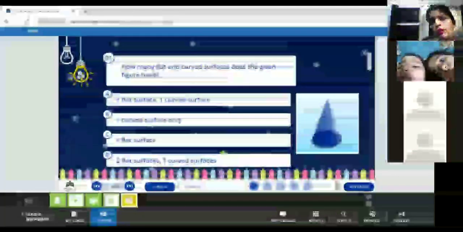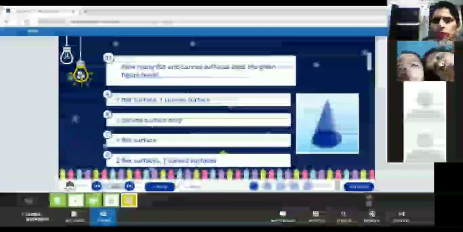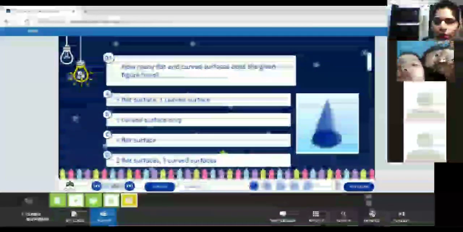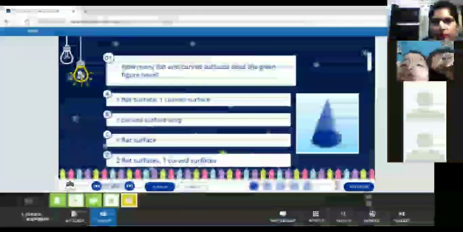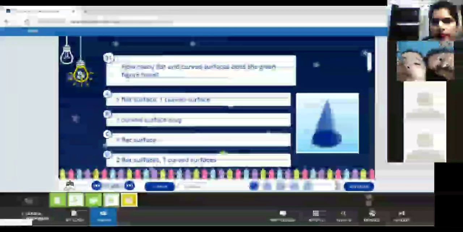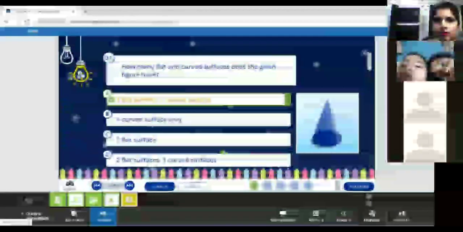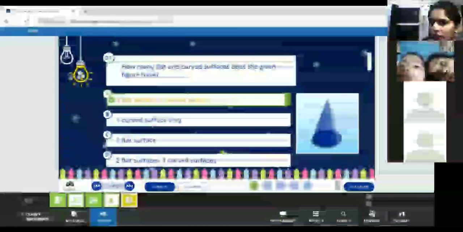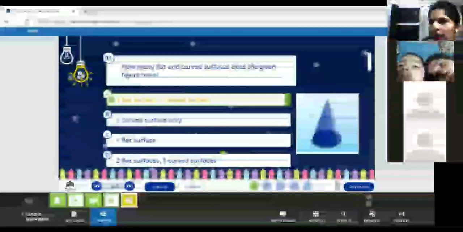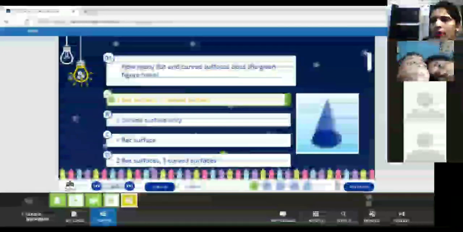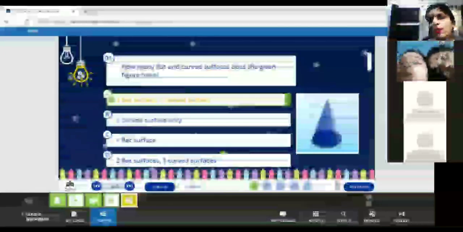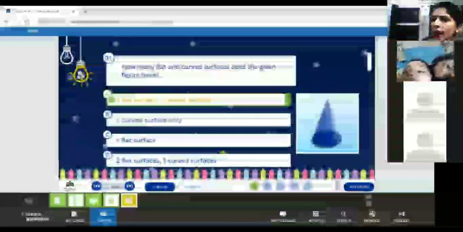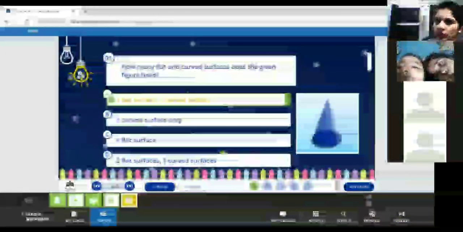So please see which answer you are going to choose from these four options. So this is the correct answer. One flat surface, this is the flat surface, and this is the curved surface. Why is it so? Because it is shaped like a cone, so it will have the properties of a cone.